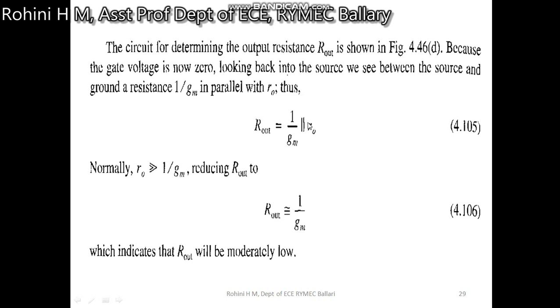When the denominator Ro value is very much greater, the Ro value is negligible. So Ro is as good as 1 over Gm, which indicates that R out will be moderately low.